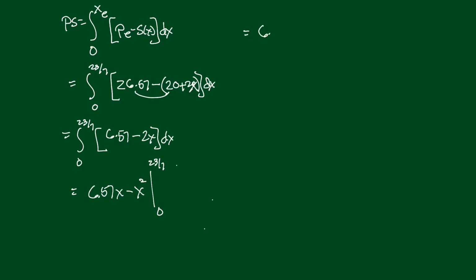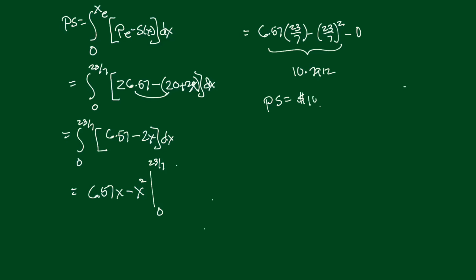So this is going to be 6.57 times 23 over 7 minus that 23 over 7 squared, minus, now that's the upper limit, the lower limit is going to be that 0 again. So we need to compute this. When I did that on my calculator, I got 10.7912 and so on. So I'm going to round to 2 decimal places because it's money. So the producer's surplus is $10.80.